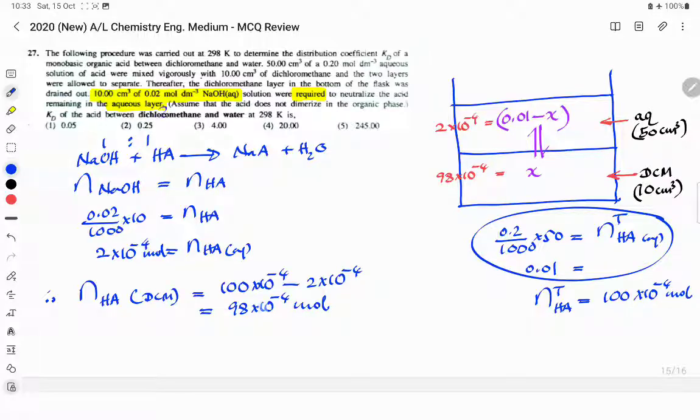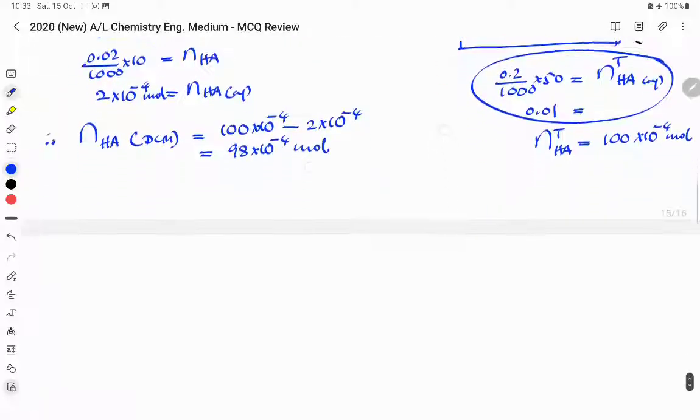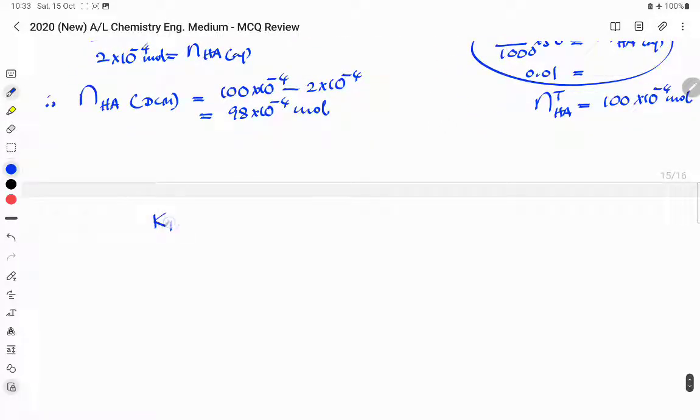When writing the Kd expression, they have said specifically Kd of the acid between dichloromethane and water. So you have to put the concentration in the dichloromethane layer in the numerator. So the Kd expression will be HA concentration in DCM, dichloromethane, divided by HA concentration in the aqueous layer.